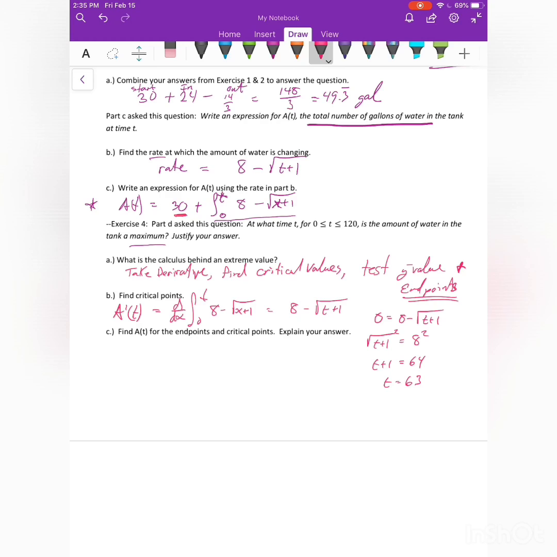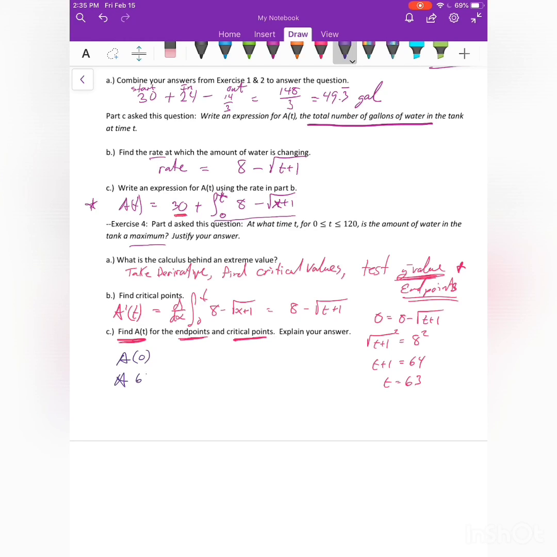So now the final step, which is basically how you do this, is you want to find the y value of the function at the endpoints and critical values. I call this the candidates test. So there are 3 candidates. Well, we started at time 0.